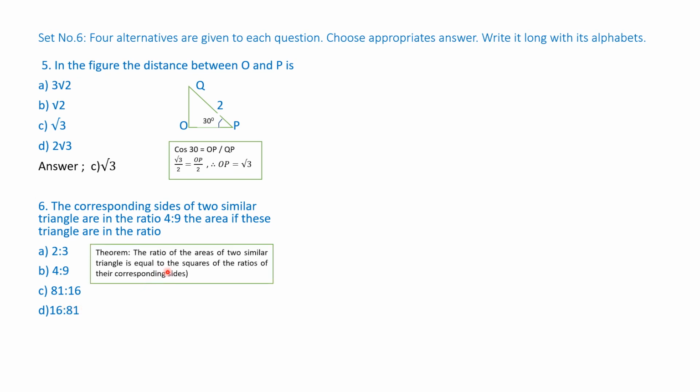We know the ratio of the areas of two similar triangles is equal to the square of the ratio of their corresponding sides. The ratio of the corresponding sides given is 4:9. Hence, we have to square it. That will be 4 into 4, 16, is to 9 into 9, 81. So 16 is to 81 is the answer. Our answer is D, 16 is to 81.